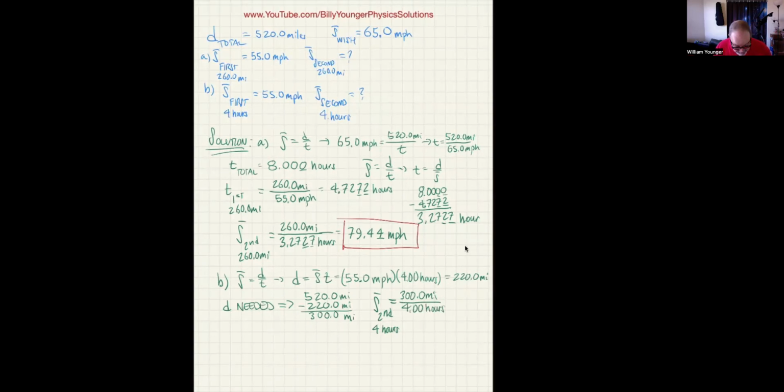So if I divide, I think y'all can figure out what this number is going to be, but still, if you divide 300 by 4, you get 75. And that's mph again.